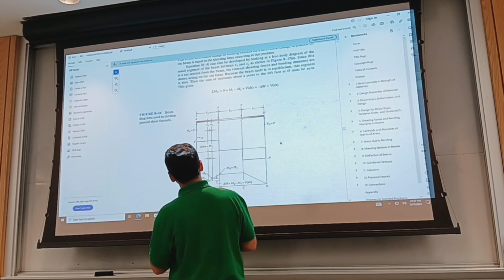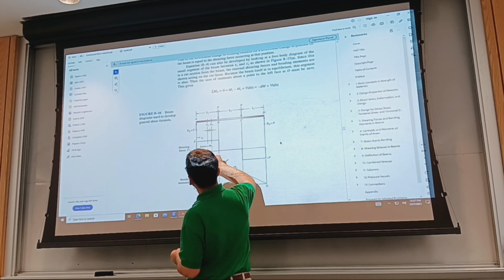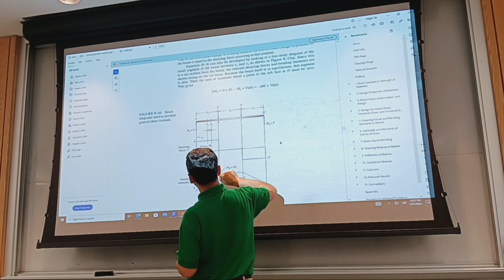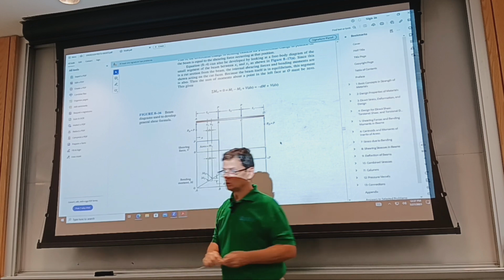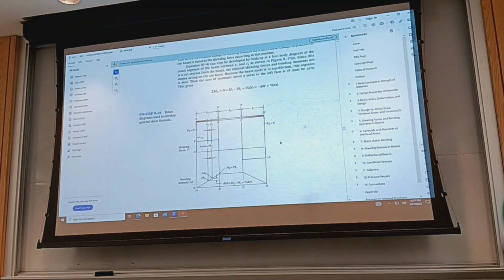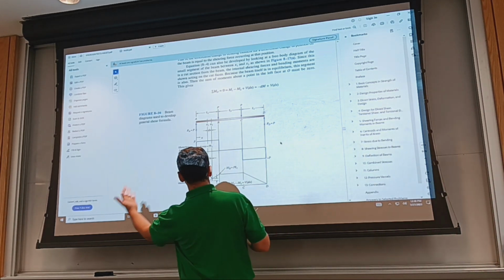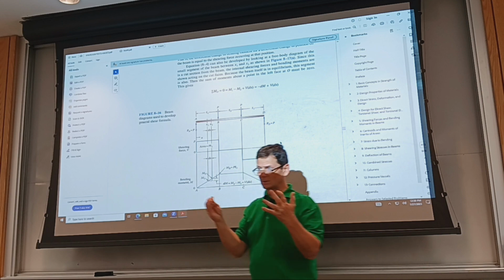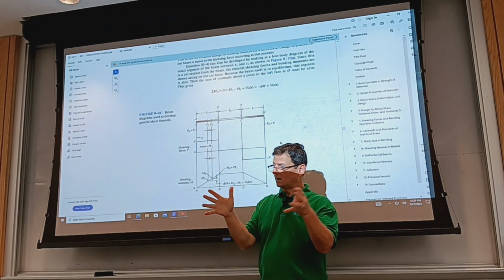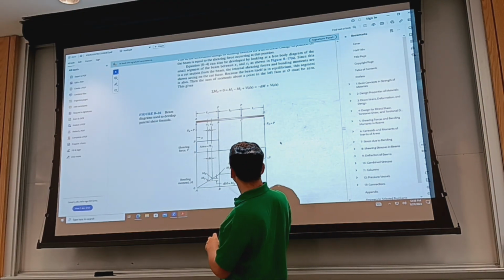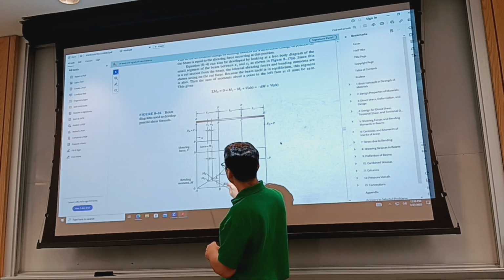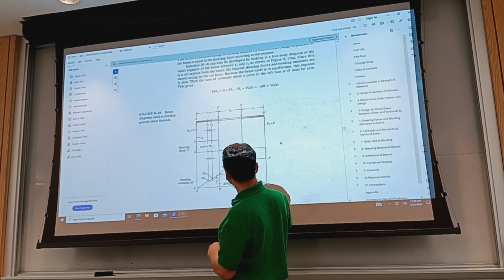Because we know one thing. We know that dM over dx is V to begin with. And in order to maintain equilibrium, because the left and right stresses caused by bending are not the same because of this dM part. So M2 is M1 plus dM.